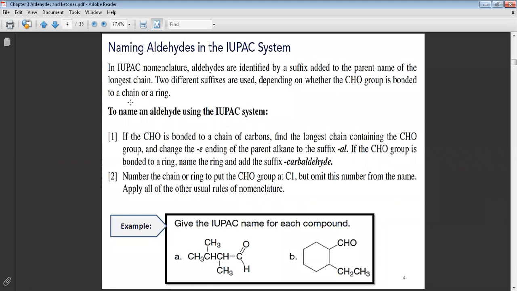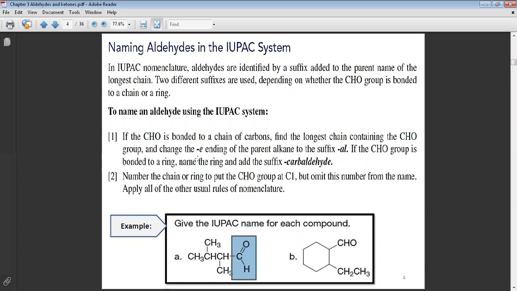The first rule for naming an aldehyde using the IUPAC system: if the aldehyde group, abbreviated CHO, is bonded to a chain of carbon, like this, with substituents on the carbon chain, find the longest chain containing the aldehyde group. Where is the longest? 1, 2, 3, 4, or 1, 2, 3, 4. Both of them are right.